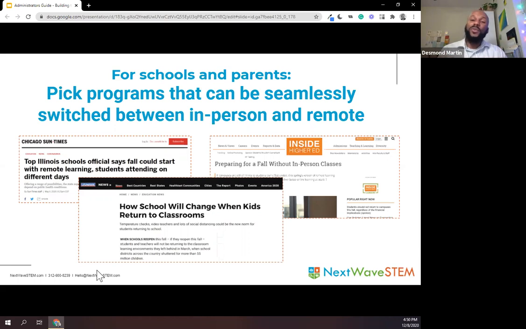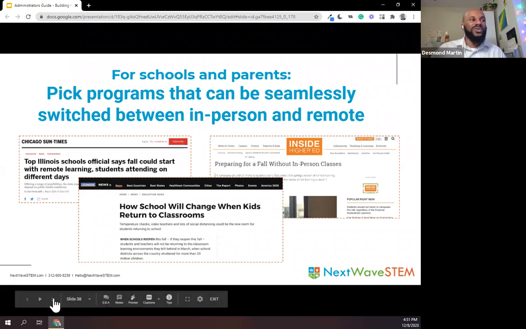It's actually forming a partnership with NextWaveSTEM that allows us to consult and grow your program, build out your makerspace, make sure that your students are on the correct pathway to building literacy and to making those workforce connections. Those become really critical to what we do in NextWaveSTEM. It's what we're passionate about, it's what we do really well, and it's what we would love to partner with your schools and your districts to be able to do in the future.